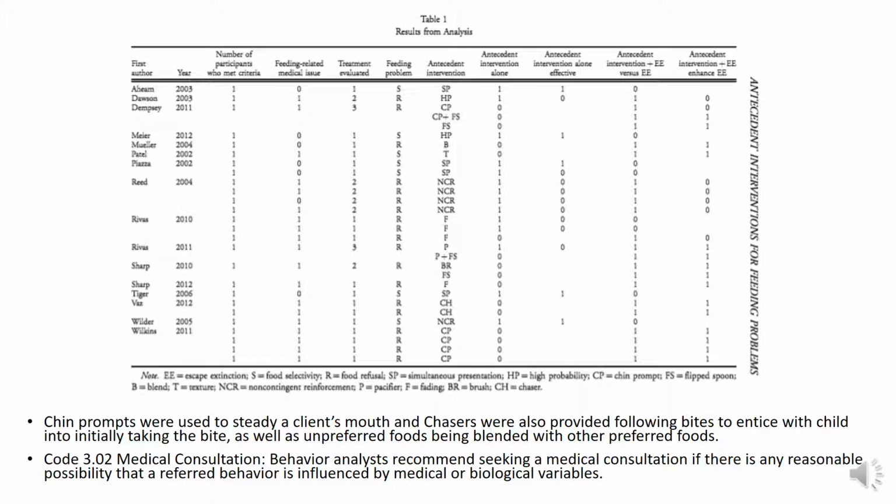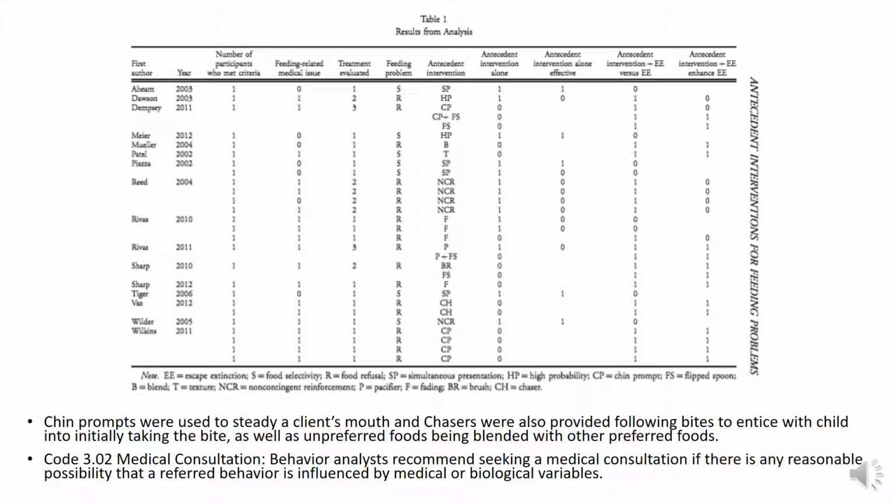They also used chin prompts, so they would hold the child's chin to help steady them if they were shaking while taking the bite. And then chasers were also provided, so if the child was eating something that seemed to be a texture that didn't agree with them, or a taste profile that was new, or something they didn't seem to like, they were provided with a chaser, a preferred food or drink to come immediately after that undesirable bite to help them swallow and learn to take that bite.